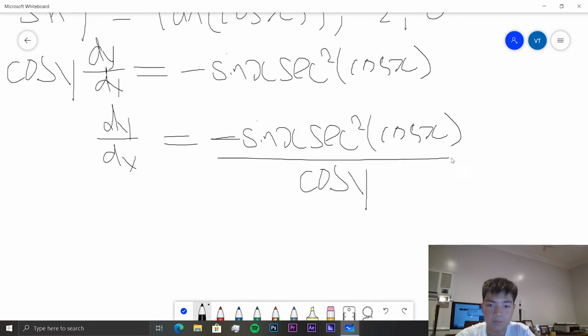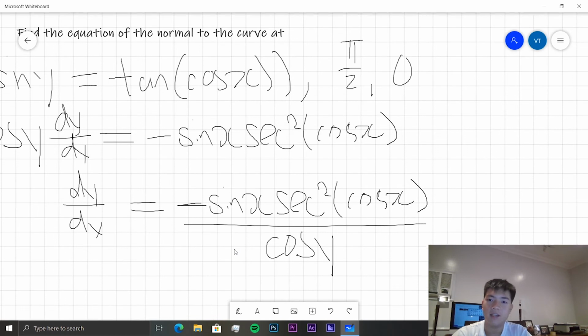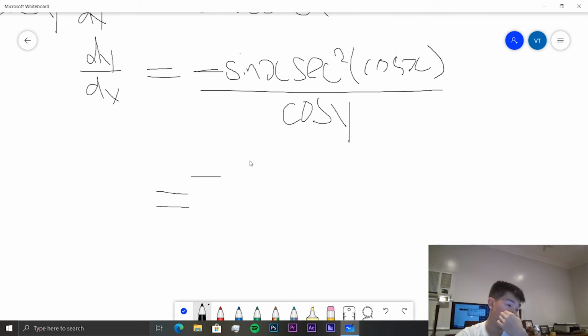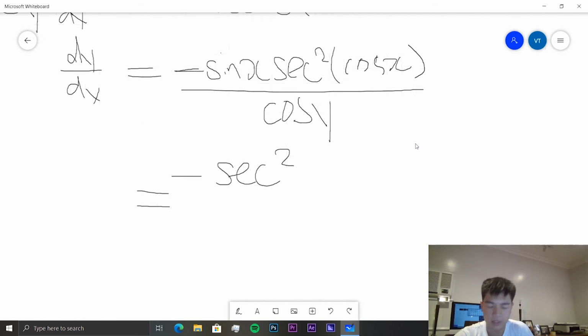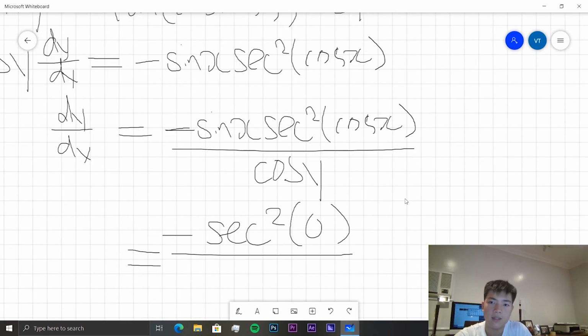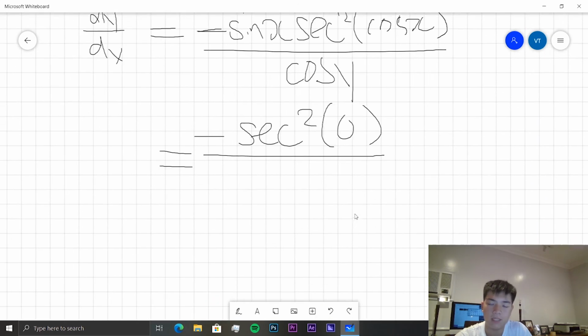Okay. So if we plug in our values of pi over 2 and 0, what we get is negative sine pi over 2, sine pi over 2 being 1, so negative secant squared cosine x. Okay, so we have negative secant squared, and cosine of pi over 2 is equal to 0, so it's secant squared of 0 over cosine y, y being 0, so cosine y is 1.